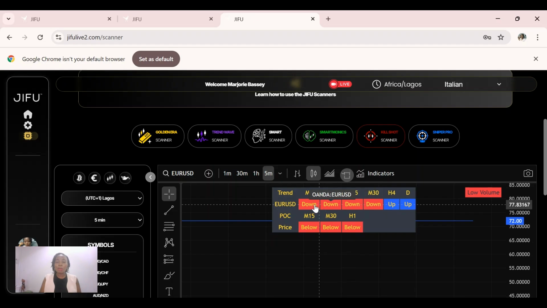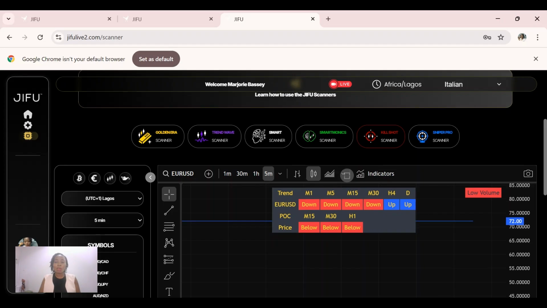And then the POC, point of control, should also show that it is red. M15, M30, H1 on the price should show that it is also red. So when these three below and the three above line up and they are all red, you can enter that trade comfortably and know that it will go in the direction that was called, and then it will hit the profit zones.